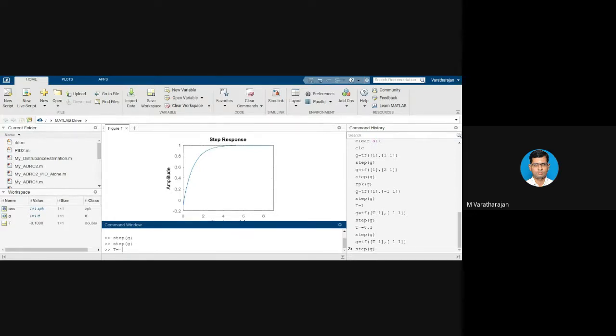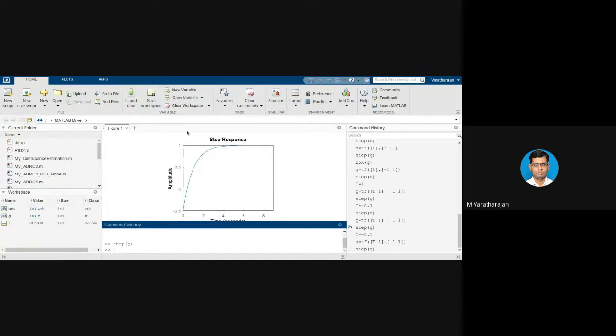Let t be equal to minus 0.1. Okay, that we have seen. Minus 0.5. Let us create a transfer function and evaluate the step response.